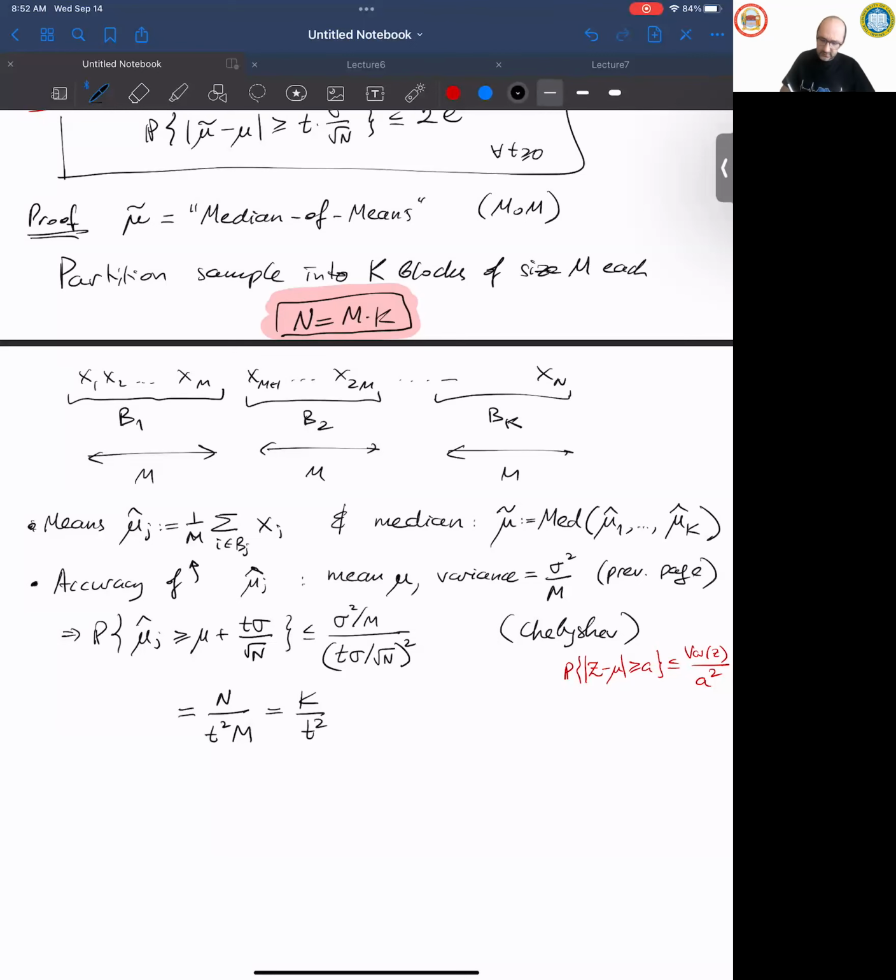And let's just make it 1/4. We don't care. Let's make the accuracy of each mean estimation pretty crude, 1/4. And for this, we set k to be t squared over 4. It's up to us how we split, right? It's median of means, but we have the freedom to choose how many blocks to use, and this is how many blocks I want, t squared over 4.